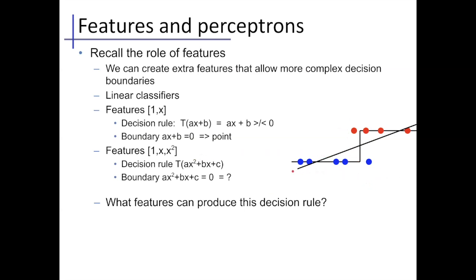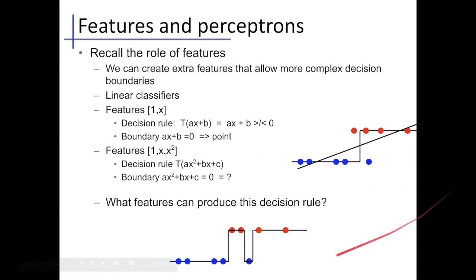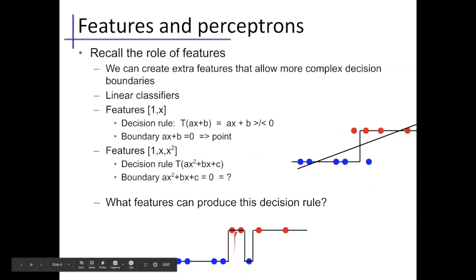But for this example, what type of polynomial features can you use to separate these two groups of data? It's not clear. Certainly a quadratic feature doesn't solve the problem because you have two red points and one blue point here, so it doesn't really help in that case.